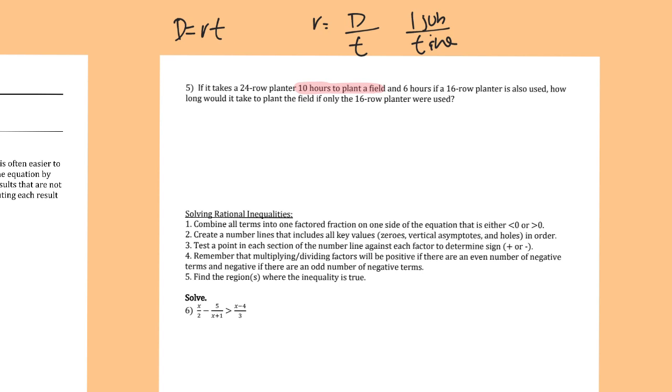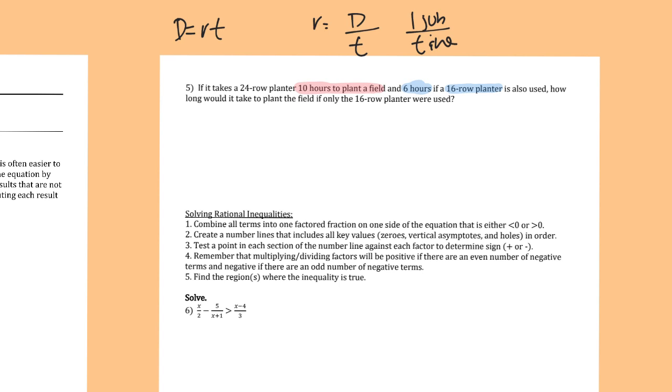It says if they're working together, it takes 6 hours if you also employ this other one. How fast is the 16-row planter? Well, unless it's a really fast one, probably it's a little longer than 10 hours, because a planter that can do 24 rows takes 10 hours to do the whole thing.